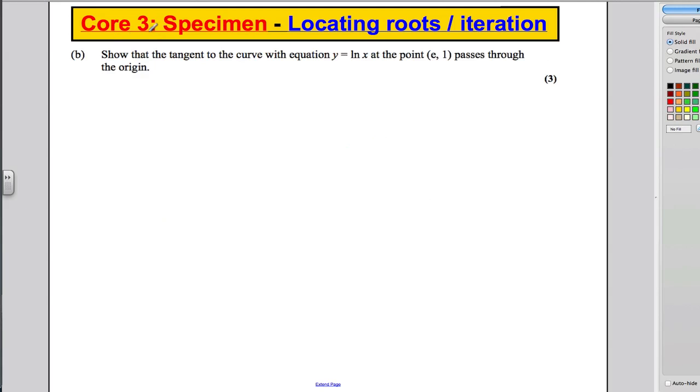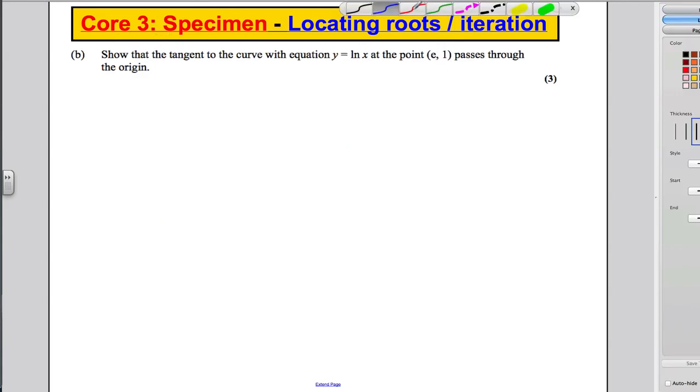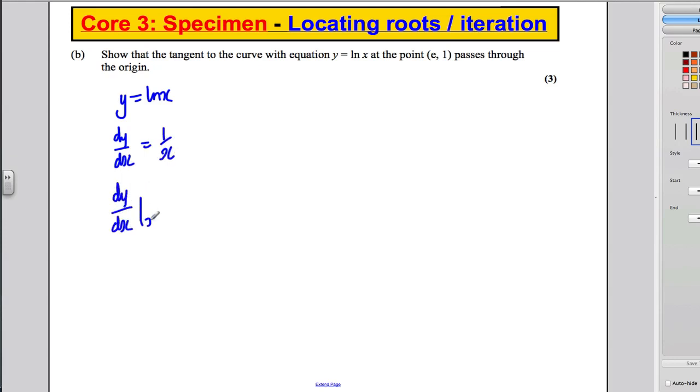Well, we know a point on the tangent, so we could work out the gradient of the tangent. So if y is equal to ln x, dy by dx is equal to 1 over x. And dy by dx at the point x is equal to e must be 1 over e.